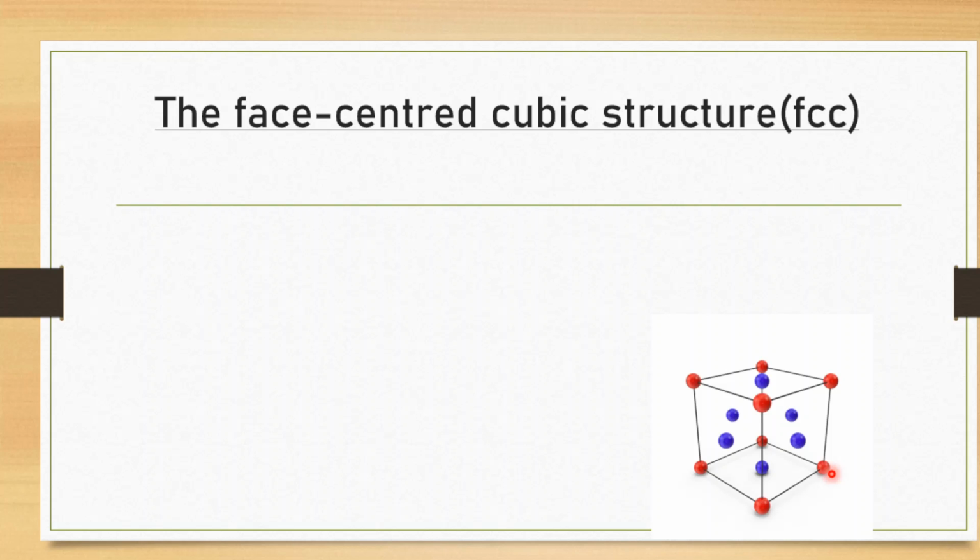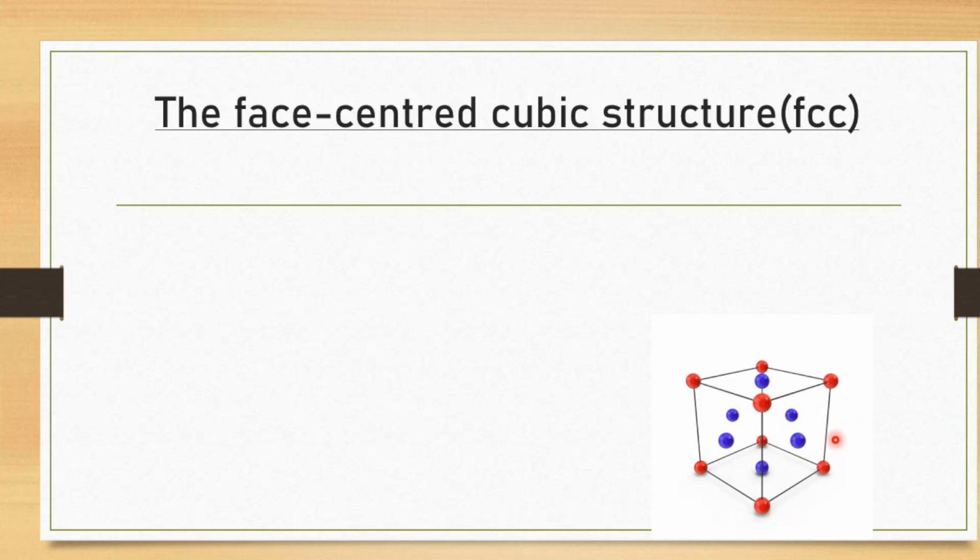Next one and the last one, the face-centered cubic structure or FCC. So this is also based on the simple cubic structure. Here the only difference between the simple cubic structure and the face-centered cubic structure is, in addition, there are 6 face atoms. 1, 2, 3, 4, 5, 6.